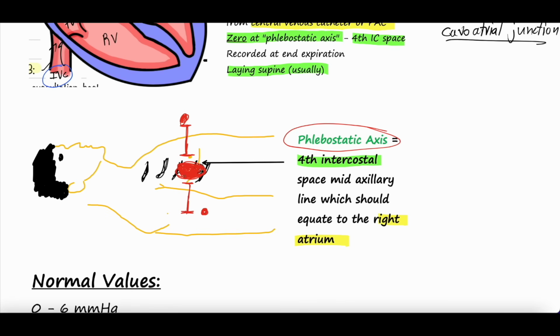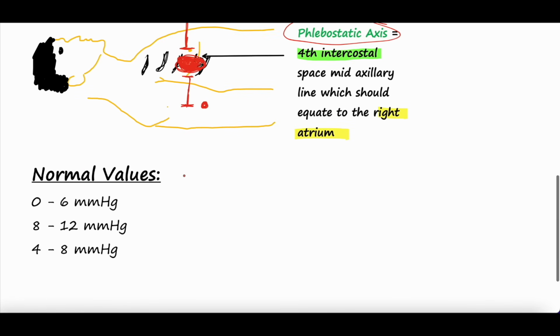Well, what are normal values? It's a pressure, so it's measured in millimeters of mercury, just like any other pressure. But we wrote a number of different values here, because you'll see all sorts of ranges for what a normal central venous pressure is. Some resources will say 0 to 6, some will say 8 to 12, and it depends a little bit on what you're looking for.